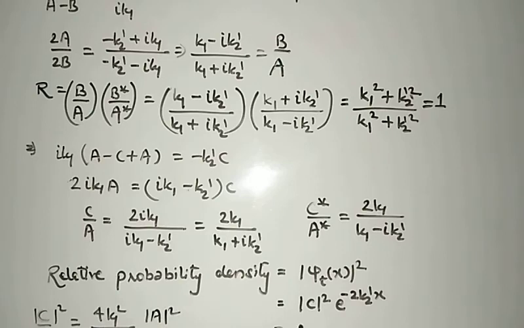So what we get is 4k1 square mod A square upon k1 square plus k2 dash square, e to the power minus 2 k2 dash x. As x is large, this falls exponentially to small.